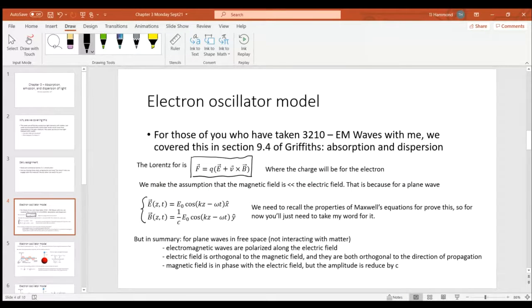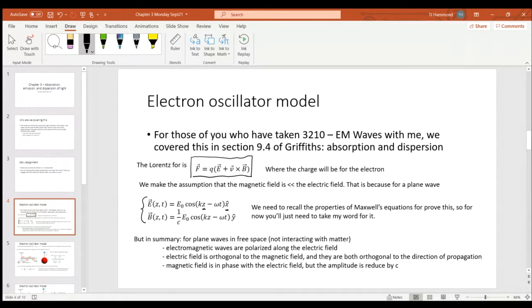If you want to actually prove this, you need to recall Maxwell's equations, to see why the electric field is E naught cosine (kz minus omega t), and it propagates in the z direction, but is polarized in the x direction.